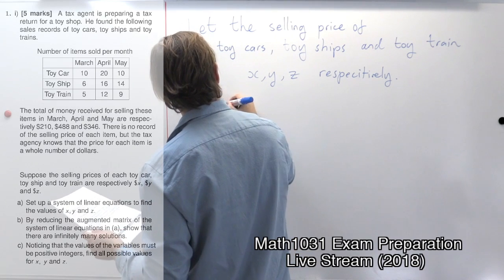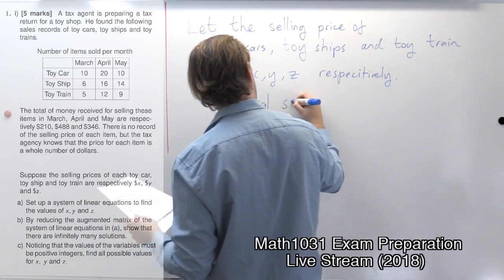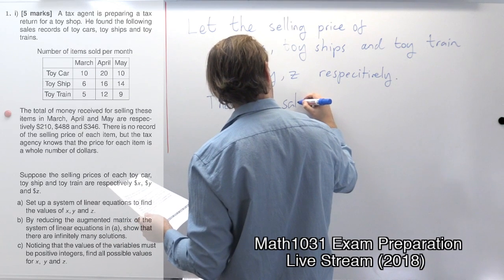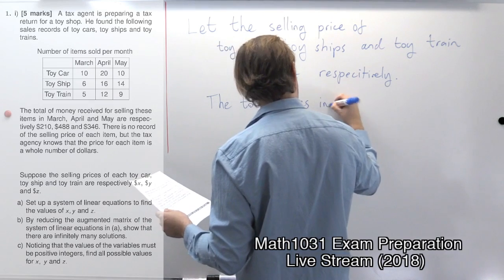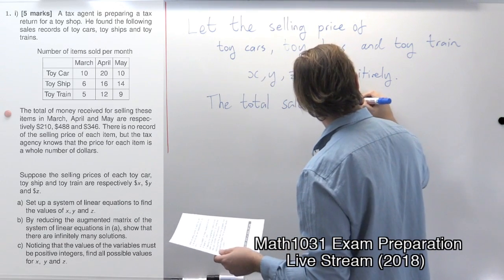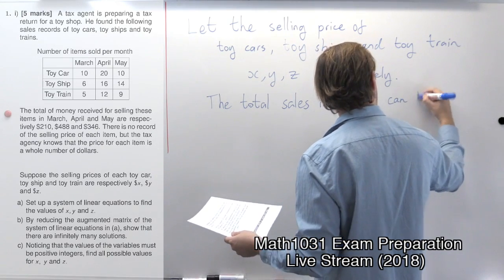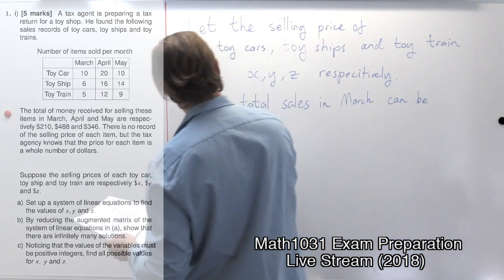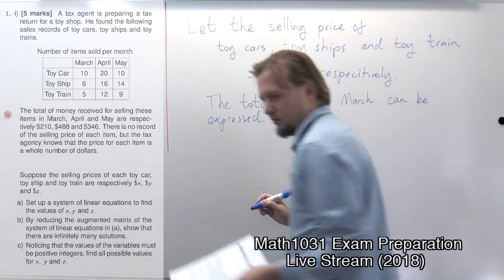So the total sales in March, the first month, can be expressed as follows.